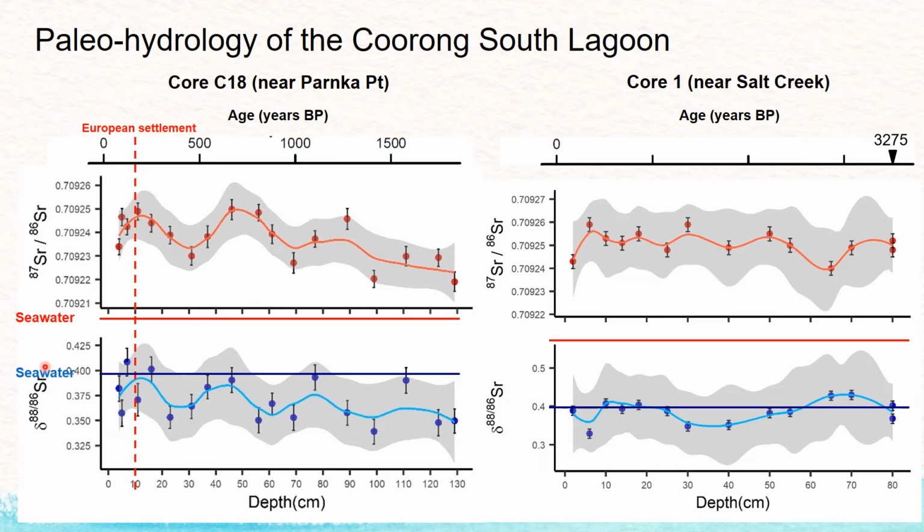The stable strontium isotopes in core C18 have also been gradually increasing, possibly indicating increasing carbonate formation. While in core 1, this signature seems more stable, although also oscillating.